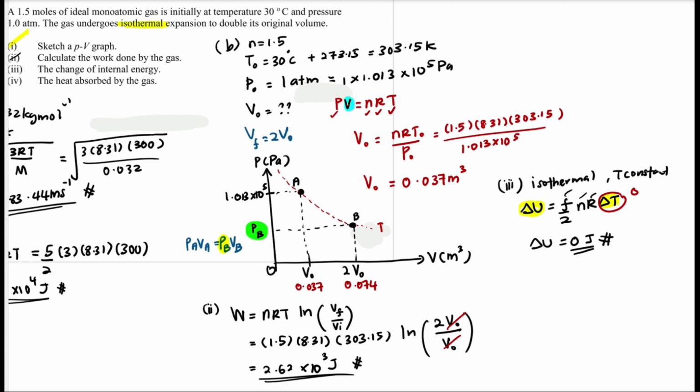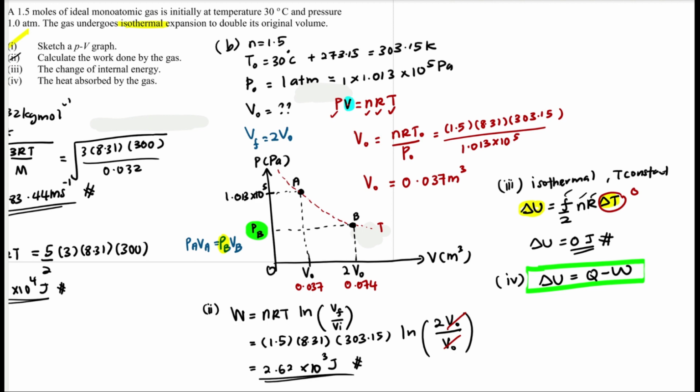Okay? And the last one, the heat absorbed by the gas. So we want to calculate Q. So use the first law of thermodynamics equation. Delta U is equal to Q minus W. So remember, the equation is already at the front. You just use it again. Okay. So delta U for the isothermal process, delta U is equal to 0.